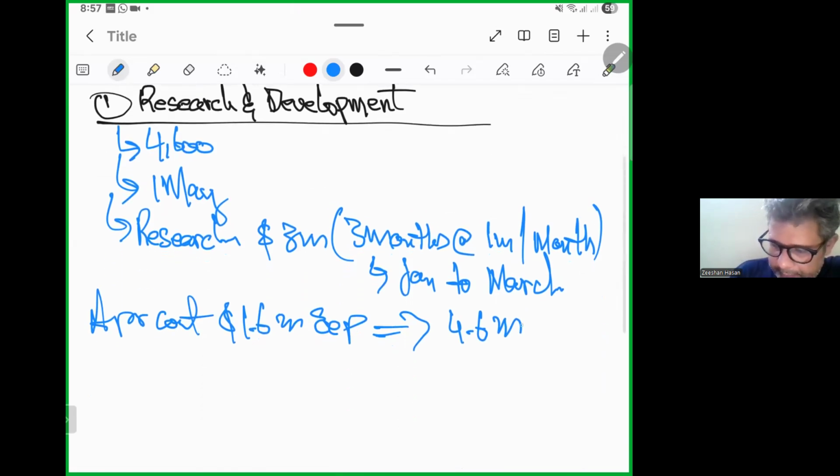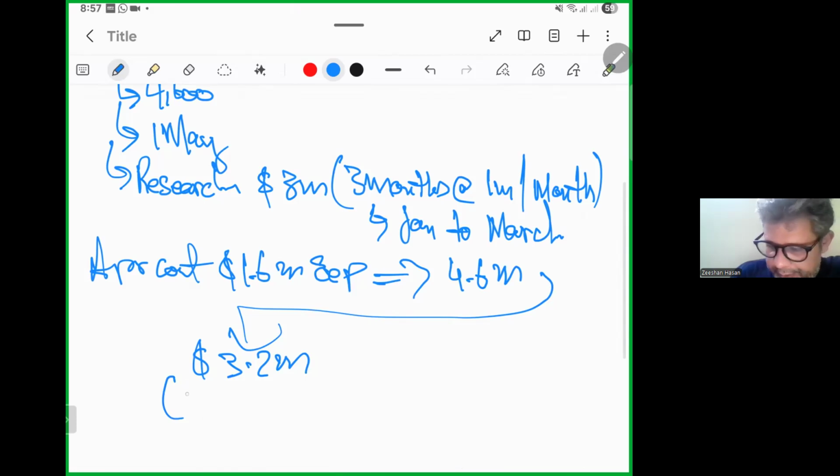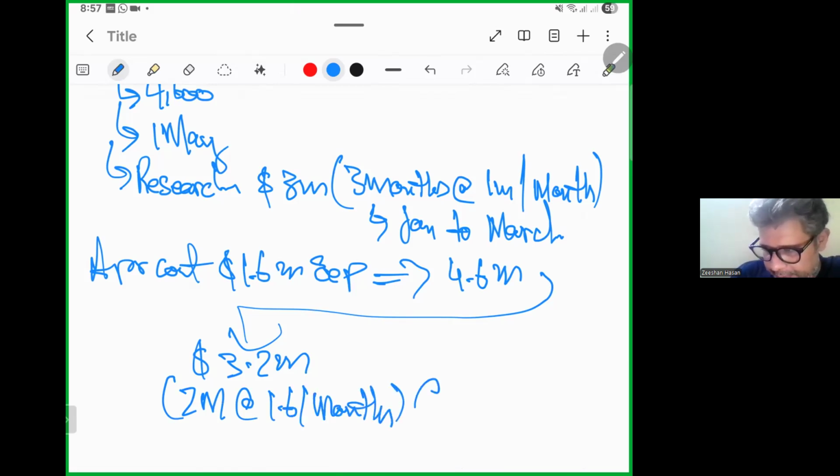Now remaining 3.2 million dollars, that means 2 months at 1.6 million per month will be capitalized.